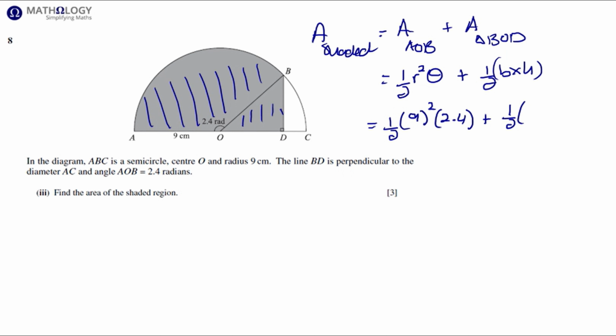So it'll be a half OD. OD is 6.64 and BD was 6.08. And that all equals 117.3856, so 117.39 centimeters squared.